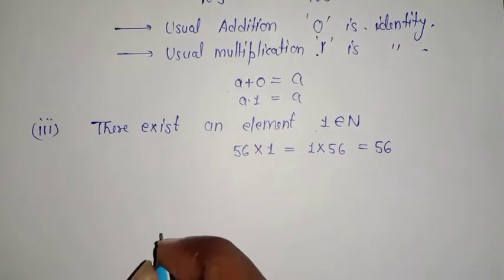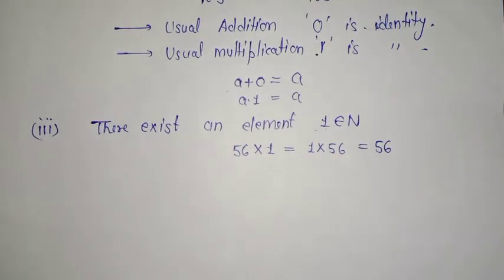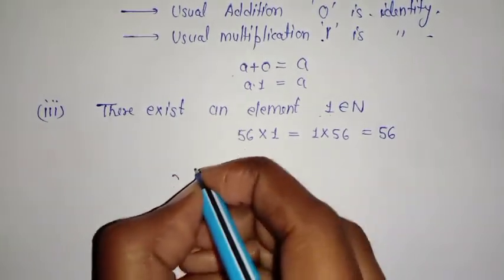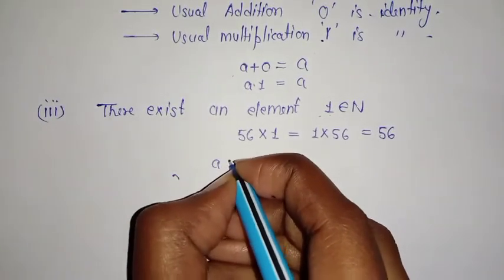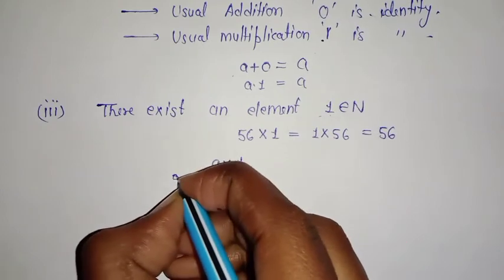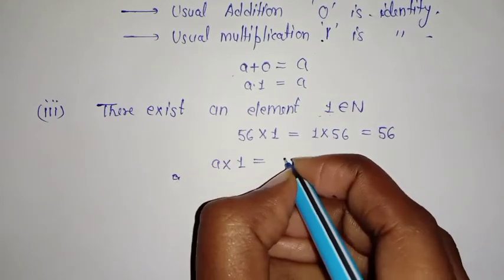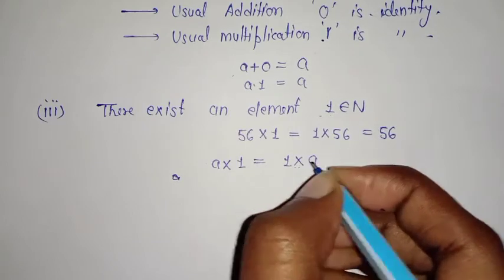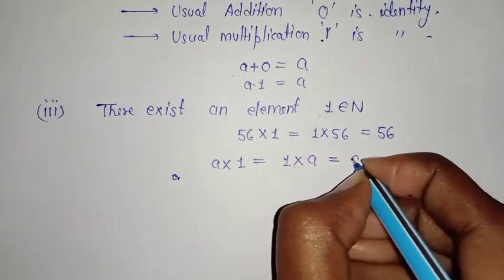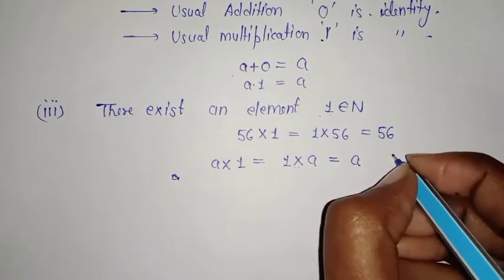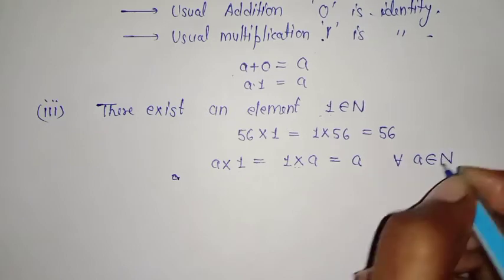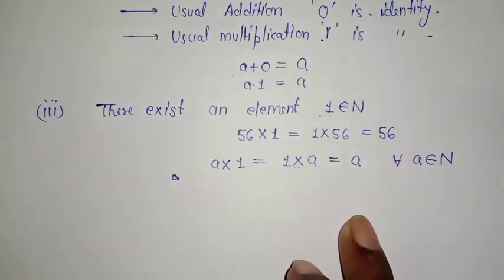Or if we write it in a proper way, then we can write that for A, A operation 1, that is our multiplicative identity, is equal to 1 operation A, and our operation is usual multiplication, and that is giving me A. And this is true for every element of N. So in this way you can write it.